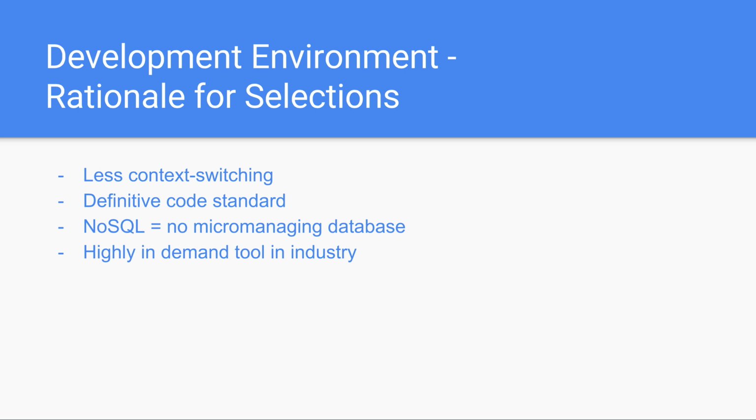For MongoDB, the absolute biggest benefit of having no SQL database is that it frees developers from micromanaging the database, such as writing migrations. This makes rapid testing and prototyping much simpler, which is perfect for the given time constraints. Finally, the MEAN experience is in high demand with the industry, both among large corporations as well as small startups.